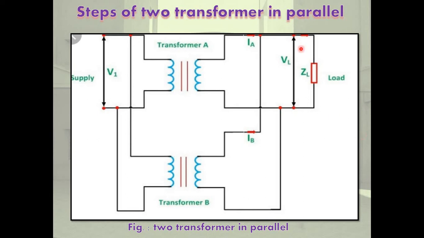In transformers, again, first important point is, what is the cause of overheating of transformers and how can it be avoided? The answer is, overheating is caused by overloading or by failure of the cooling system. Overheating causes reduction in life.